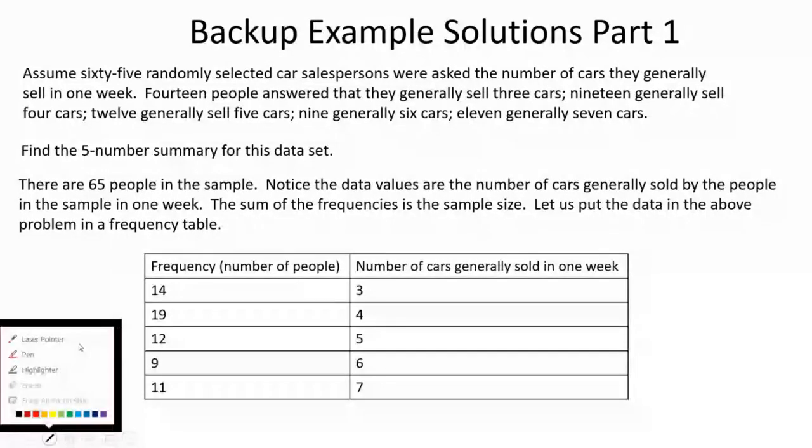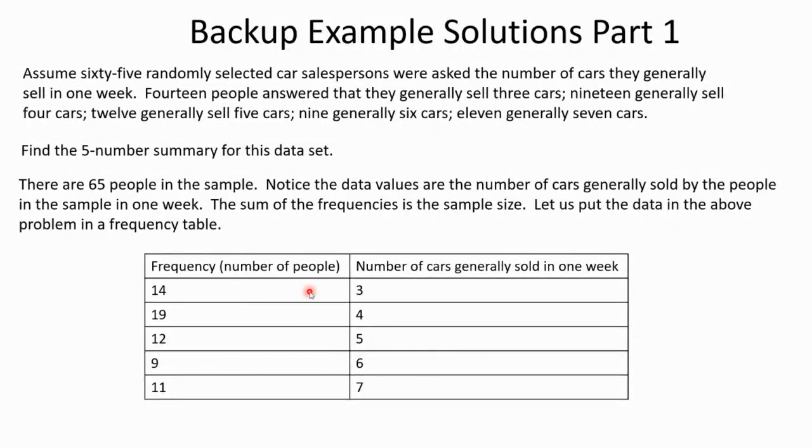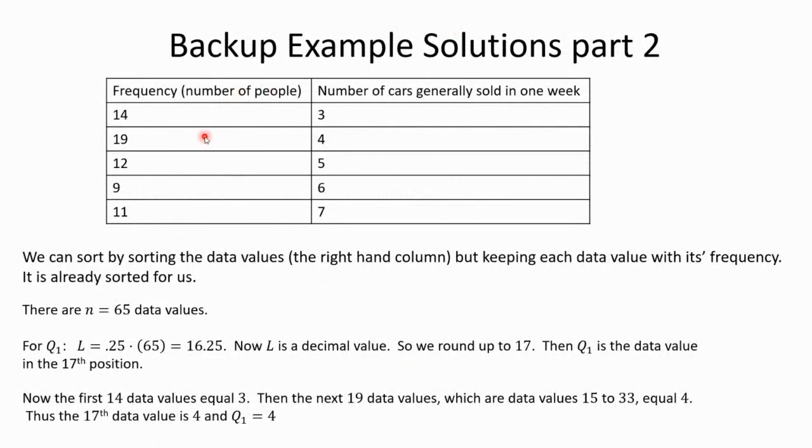Okay, so we have our frequency table. And this is the data we want to analyze, everything in this frequency table. Now what's nice is normally you have to sort the data values, right? Your data, which is how many cars are sold in a week, from the number of cars sold by the salespeople each week, the sample data.